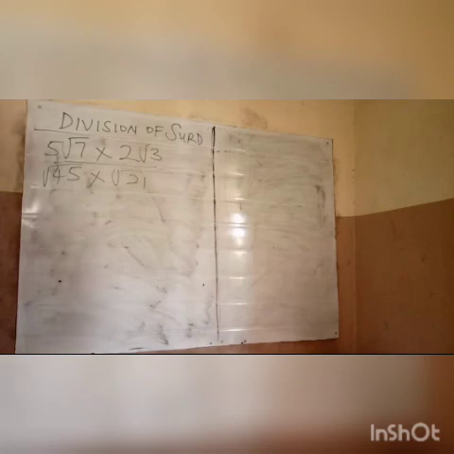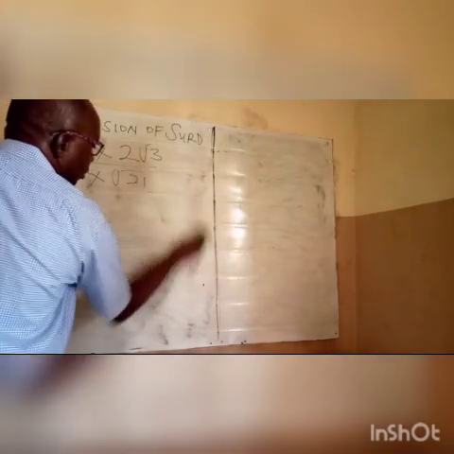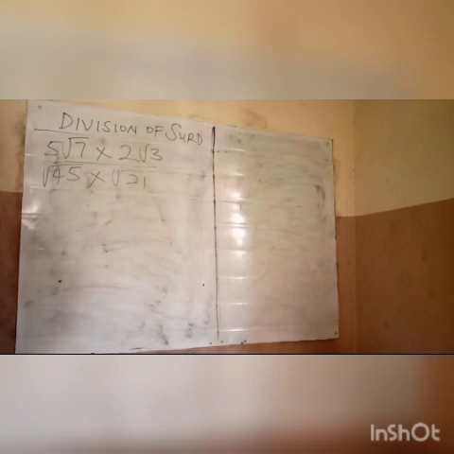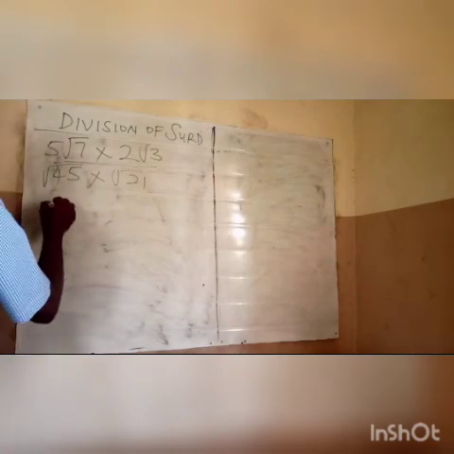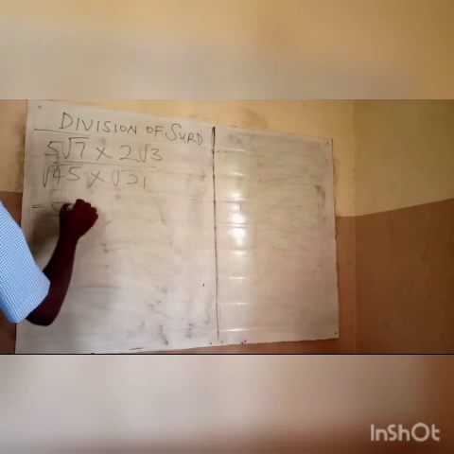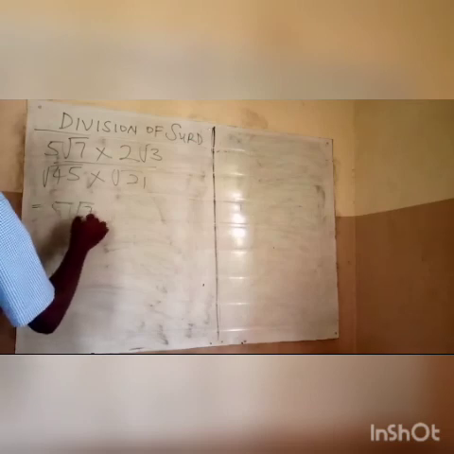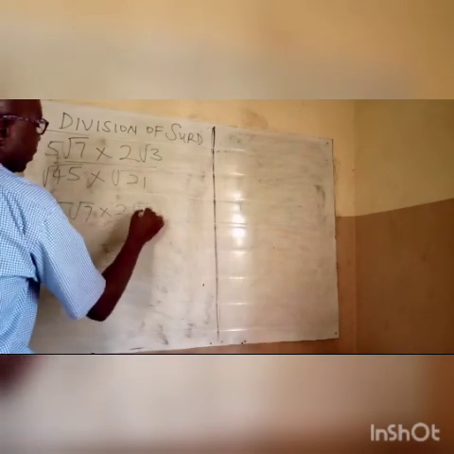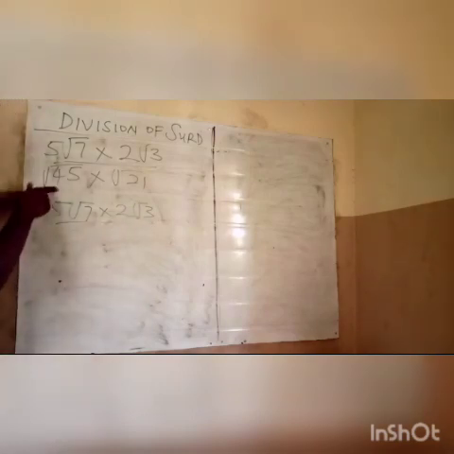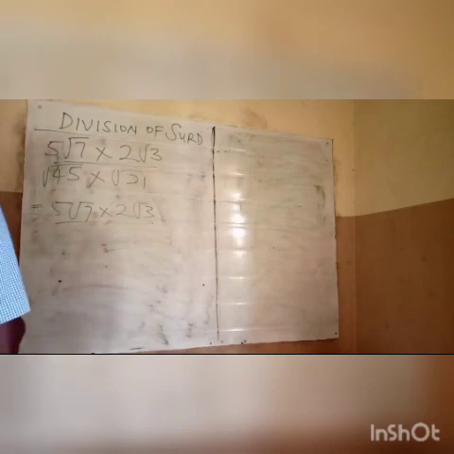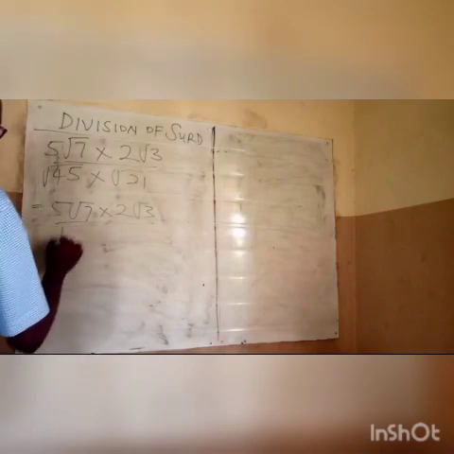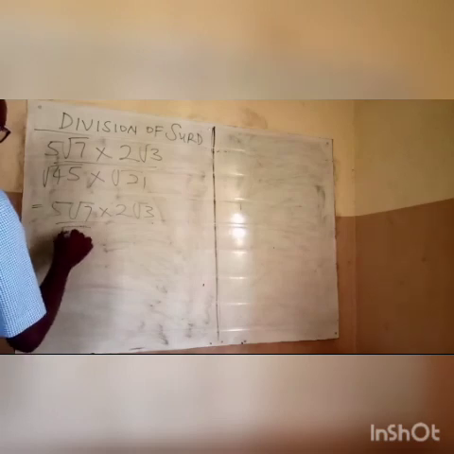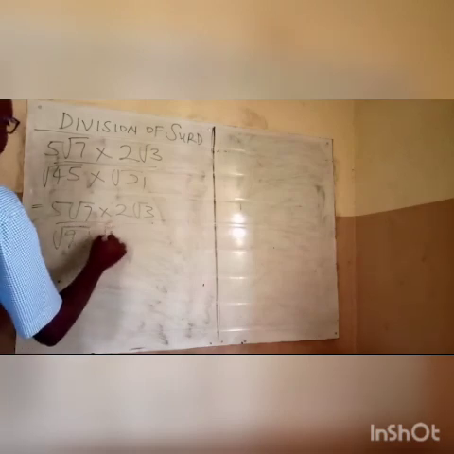If you are given such a division, just as I told you, before you rationalize, you first of all simplify. So can we simplify here? This will be equal to 5 root 7 times 2 root 3 all over... We can actually simplify root 45 by finding two factors so that one of them is a perfect square, which will give us root 9 times root 5.